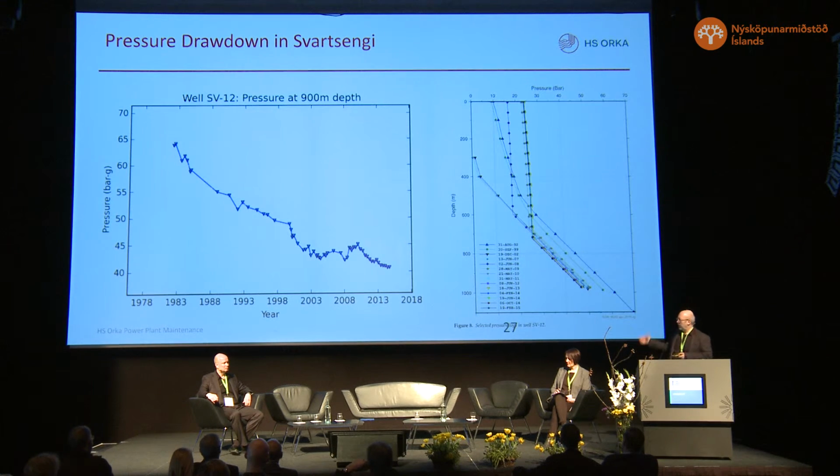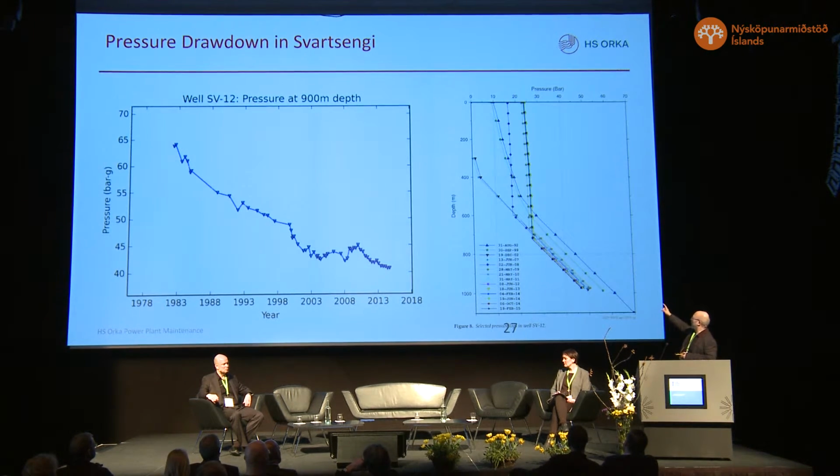And on the diagram here to the right is the pressure measurements through many years in monitoring well number 12 in Svartsengi. You can see that the pressure in the liquid part is going down gradually, but because we have managed to keep the temperature constant in the boiling zone and in the reservoir, we get higher wellhead pressure.